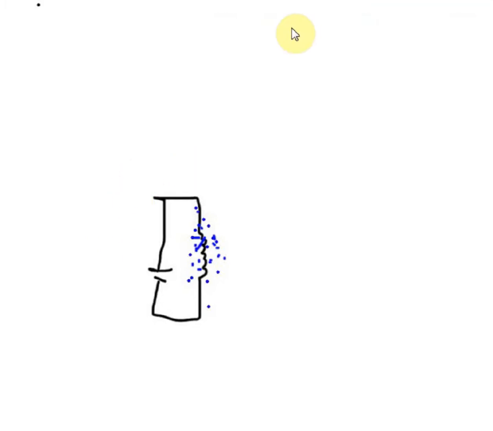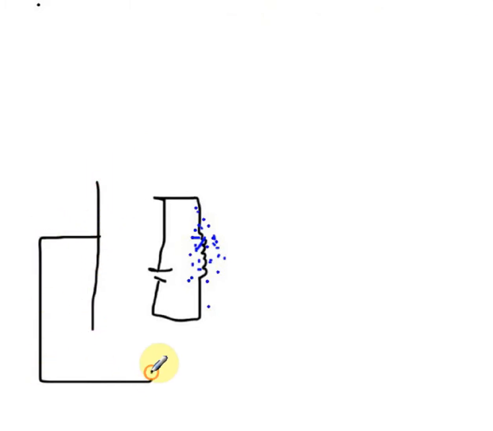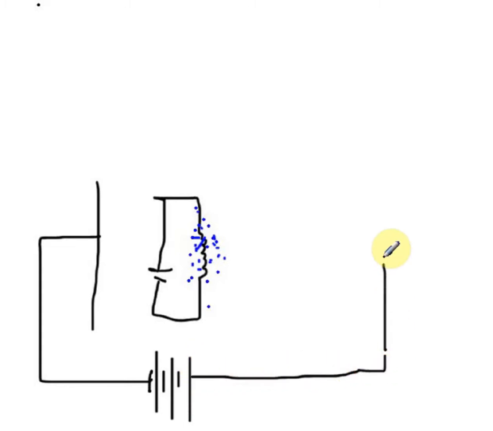So the secret is to get a big metal plate, put that on the negative end of the battery. I'll make this a little bigger battery because I want to give this a good whoosh. I'll bring this over here.